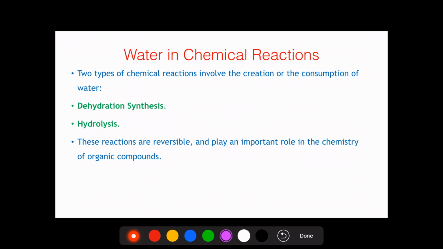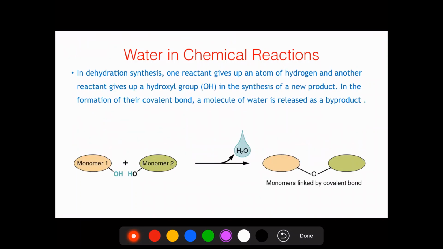Now, water involvement in chemical reactions comes in two forms, either dehydration synthesis or hydrolysis. Dehydration synthesis, remember synthesis, we said two small particles, in this case monomers, forming one larger particle. That's synthesis.